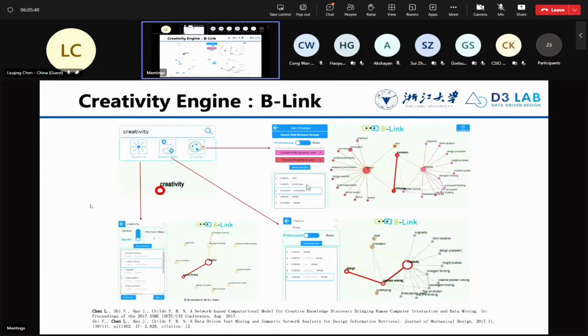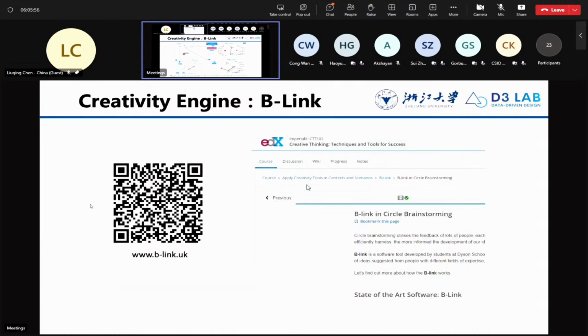B-Link works as shown here. It has three functions: explore, search path, and cluster. You can scan this code or visit the link to try our tool online. This tool has also been introduced in a massive open online course on edX. Take this free course if you are interested.